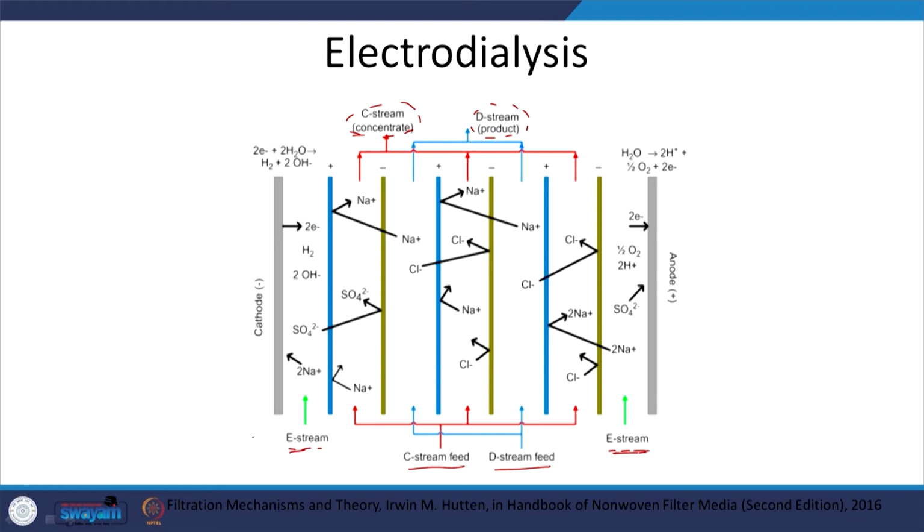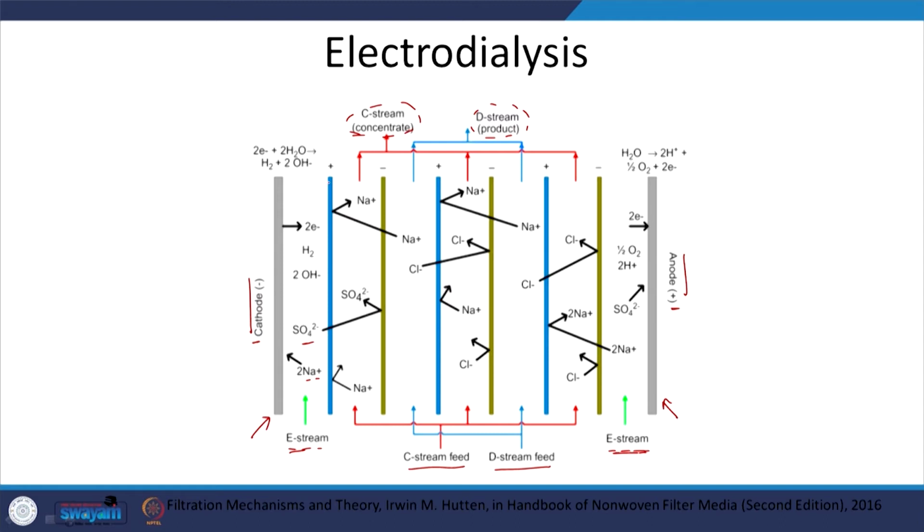We have the negatively charged electrode and positively charged electrode, cathode and anode. Once I apply a potential, the charged species are going to start moving to the oppositely charged electrode. For example, sodium will try to move towards the cathode, and sulphate will try to move towards the anode. That is one aspect to keep in mind.